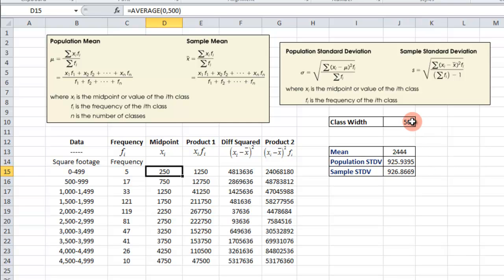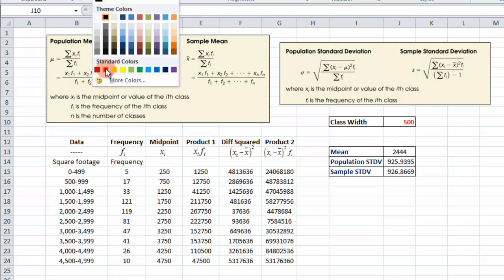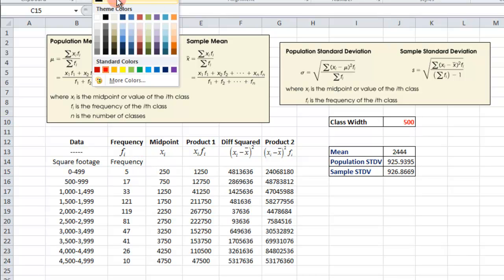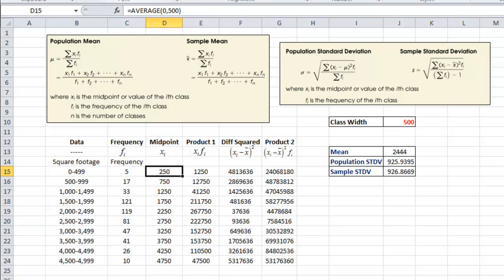The class width is another thing we need to do. So mean and class width. So what I like to do with things that I have to enter is change them to red. And so that way I remember that I have to change them before I start. So these guys have to be updated before I start.